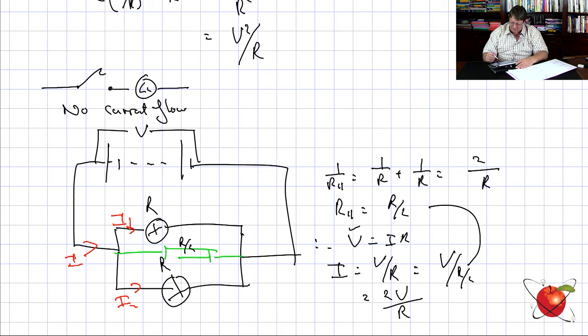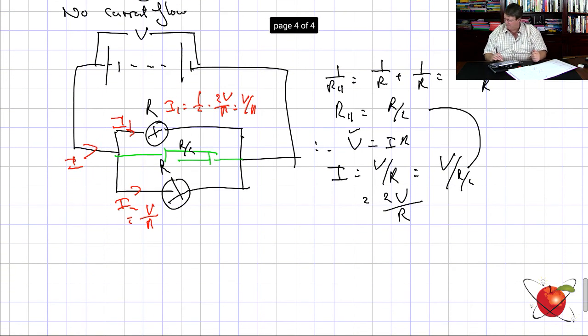So what is my current? My current is equal to I1, which is a half times 2V over R, which is V over R. And over here, it's also equal to V over R. You can see where this is going, I'm sure. So what has happened?